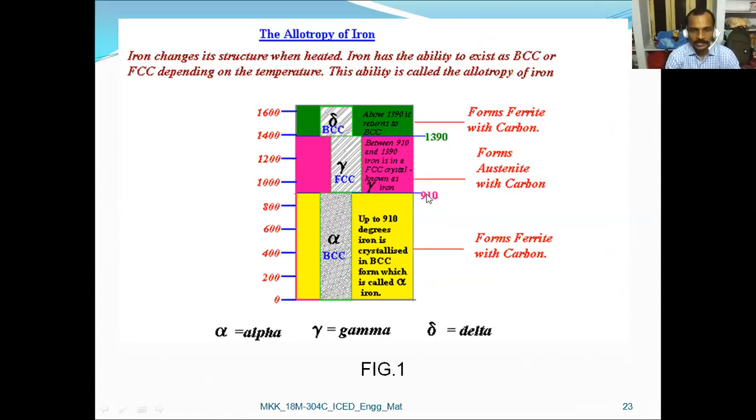Above 910 degrees centigrade up to 1390 degrees centigrade, it forms austenite with carbon, known as gamma iron. And whenever it goes on heating from 1390 degrees centigrade to 1600 degrees centigrade, it forms ferrite with carbon known as delta iron. So these are the different allotropic forms of iron.